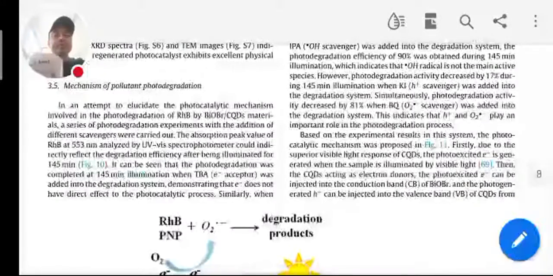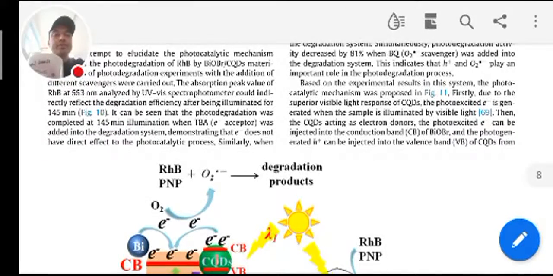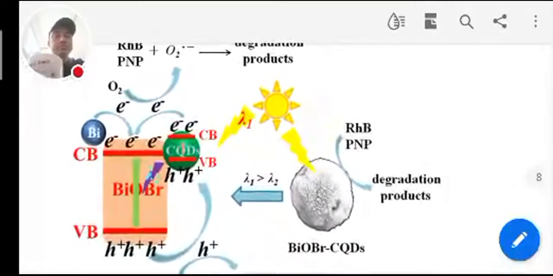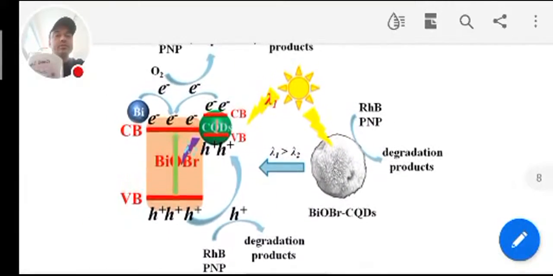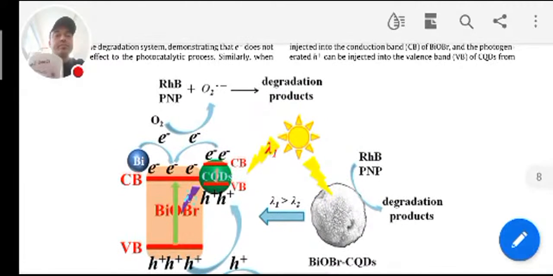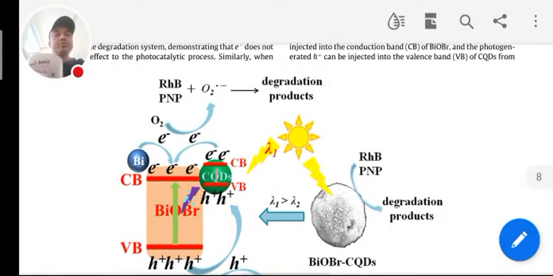The degradation mechanism is proposed like this. For example, rhodamine B and the peroxide radical will react with these compounds, and then it will degrade into the products.